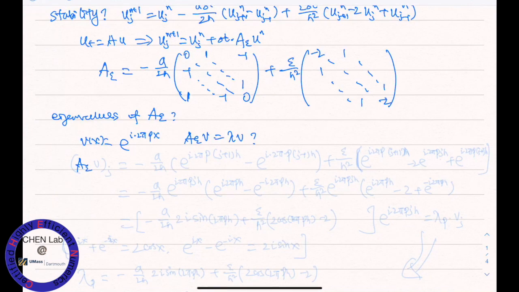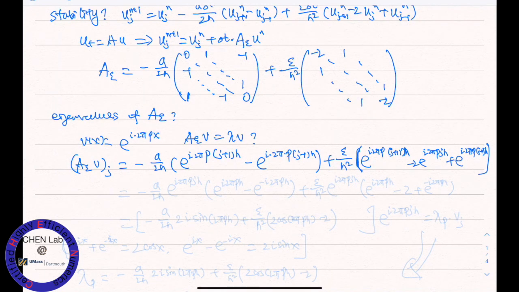It's pretty easy to see that the j-th component of A_epsilon v is going to be equal to negative a over 2h times e to the i 2 pi p (j plus 1)h minus e to the i 2 pi p (j minus 1)h, which is the same as we did about 2 videos ago. And then we're going to get epsilon over h squared times e to the i 2 pi p (j plus 1)h minus 2 e to the i 2 pi p jh plus e to the i 2 pi p (j minus 1)h.